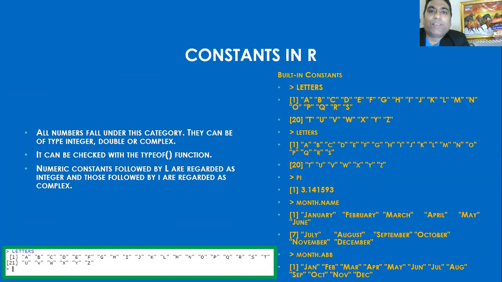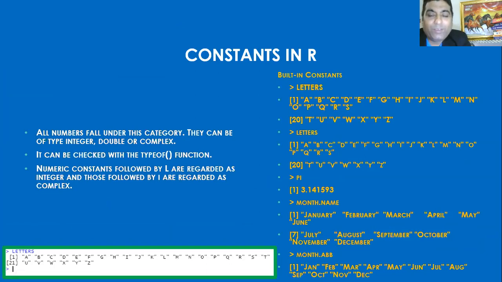Now coming to the constants in R. There are predefined built-in constants in R. Some I have tried to write here. If you see the right side, letters. This is a predefined built-in constant in R. Just go to the R prompt, type letters.